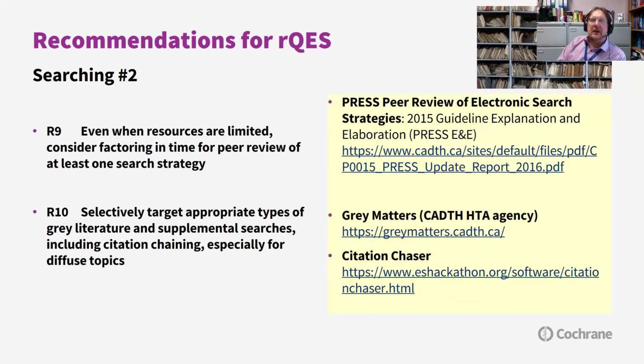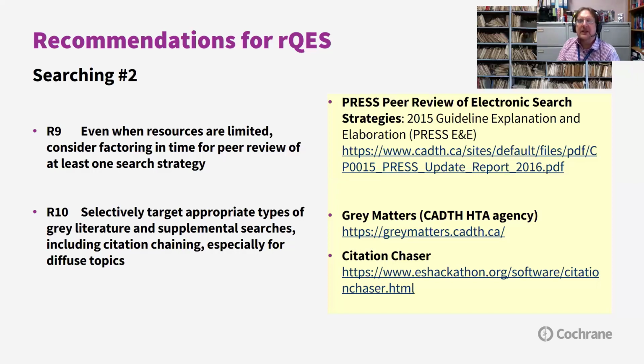So moving on, the importance of the peer review of search strategies. I'm just pointing you here to the guidance that's available on how to peer review an electronic search strategy. And rather than lump together grey literature, as we often do with systematic reviews, we should think specifically about the type of grey literature that's going to make a particular contribution.